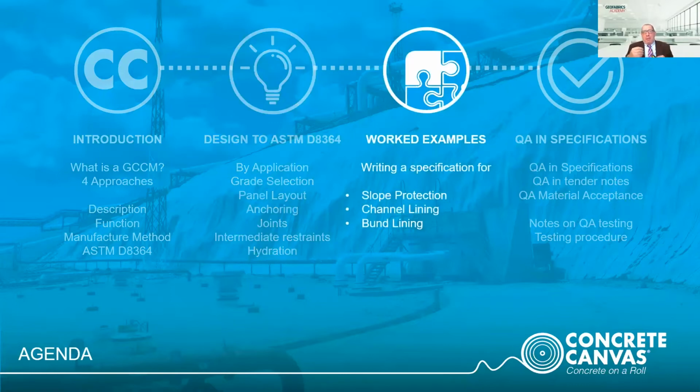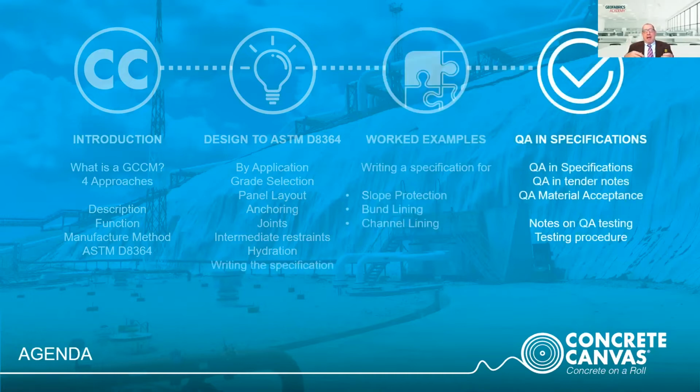Then I'll go through a couple of quick worked examples and show you what a typical sample specification is for a slope protection project, channel lining and bund lining. And then we'll finish off with some quality assurance notes that should be put in specifications or tenders to make sure that the product conforms with ASTM D8364.